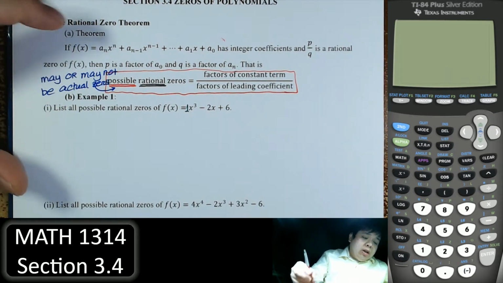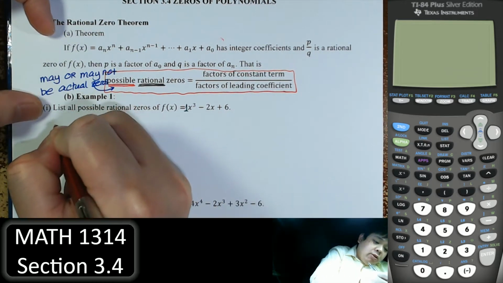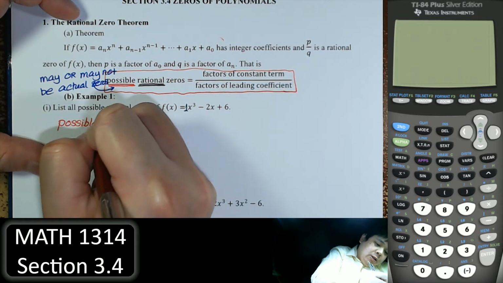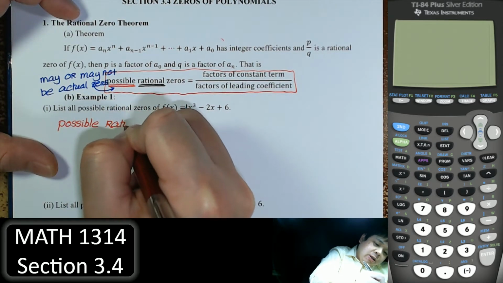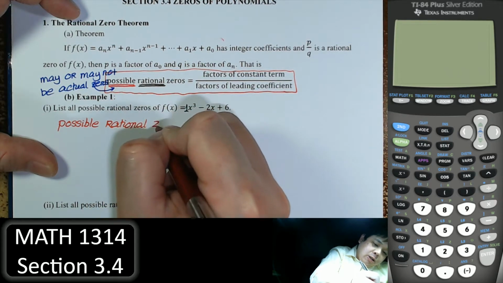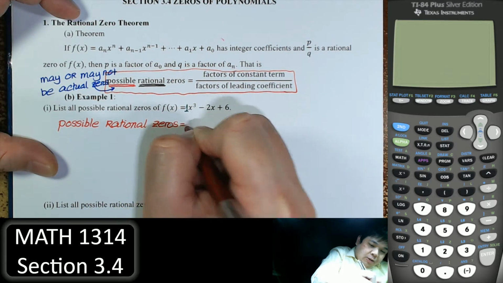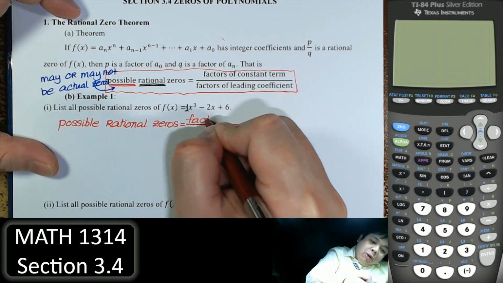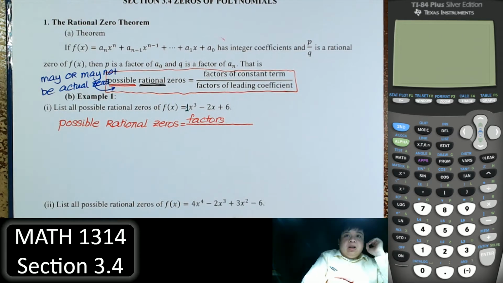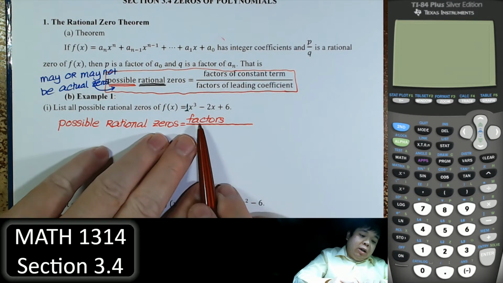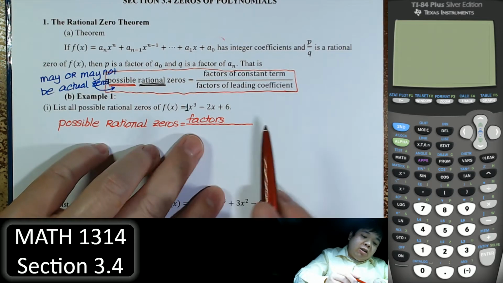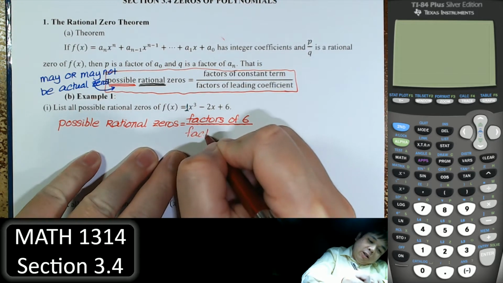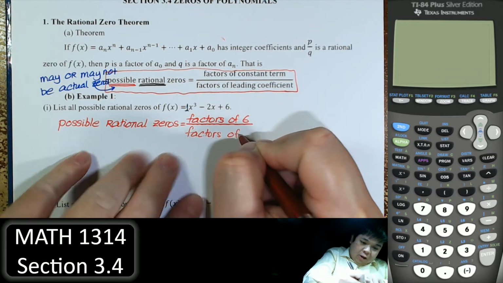According to our theorem, the possible rational zeros, if it is a rational solution, will be in the form of the factors of the constant term over the factors of the leading coefficient.